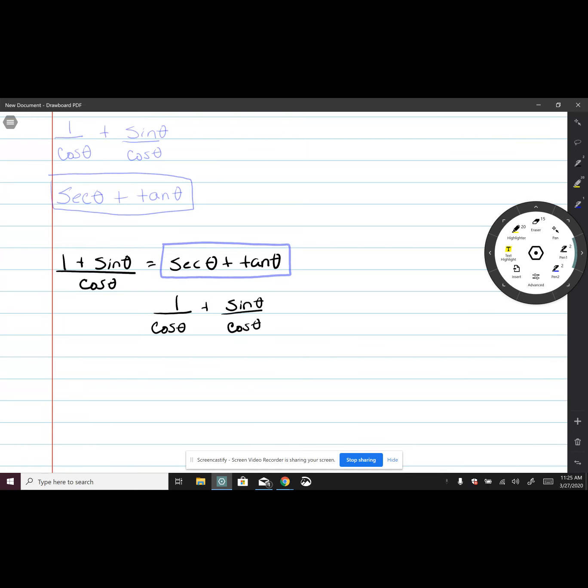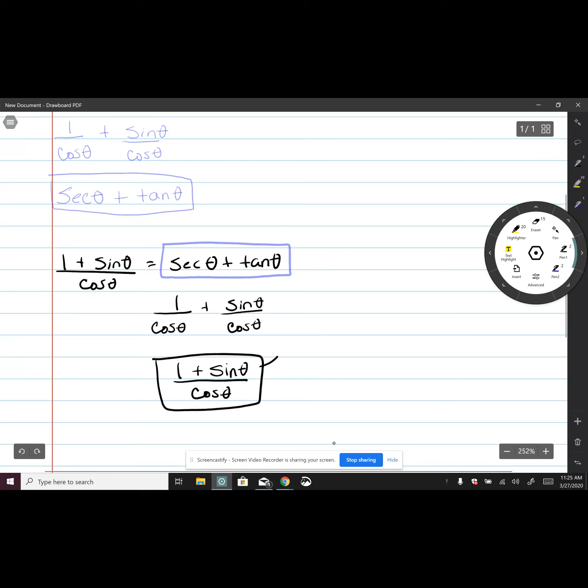Okay, I have two fractions with a common denominator. So if I put this together with that one common denominator, I wind up with 1 plus sine theta all over cosine theta. And that is what that is.